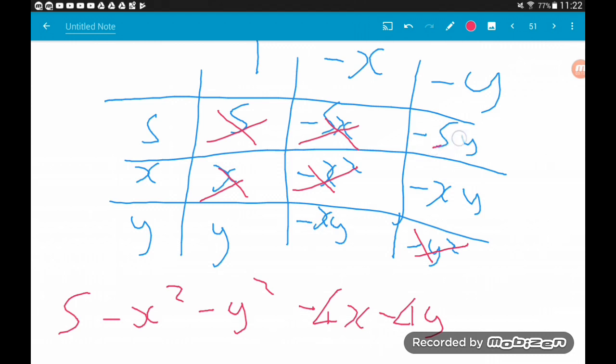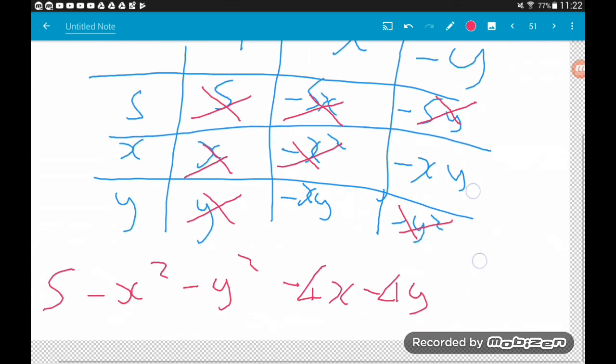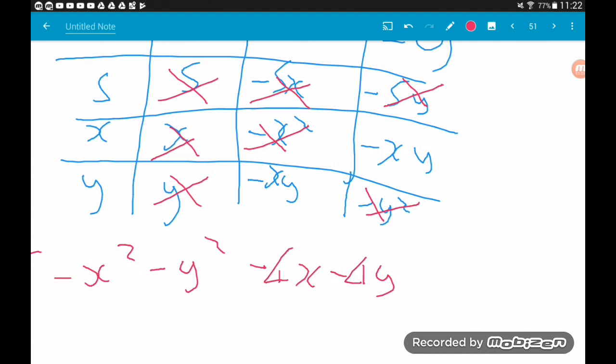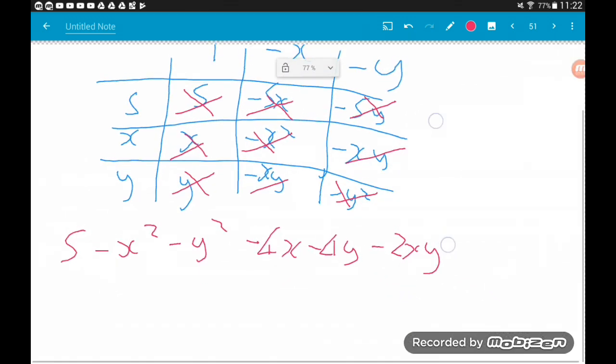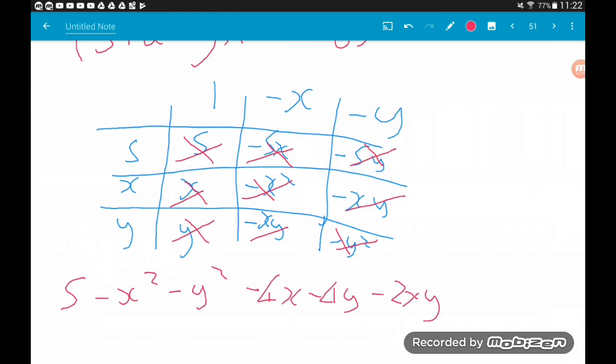That takes care of this guy and this guy. Then we've just got 2 minus xy's. So at the end we've got minus 2xy, which takes care of this guy and this guy. So there we go. There's that lovely expansion. Personally, I think that'll look better in factorised form. But we've expanded it. Jobs are good.